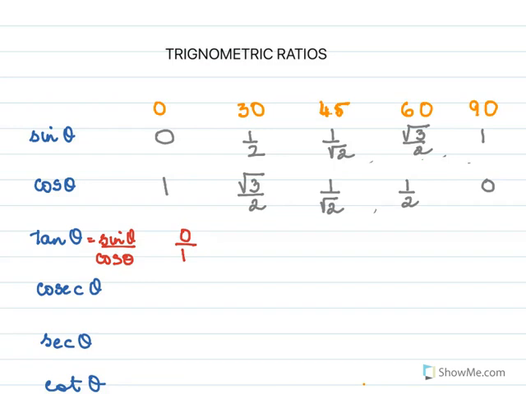To find tan 30, it will be sine over cos. For tan 45, sine of 45 over cos of 45. To find tan of 60, sine of 60 over cos of 60. And for 90, it will be sine over cos, and division by 0 is not defined. So here we write not defined.